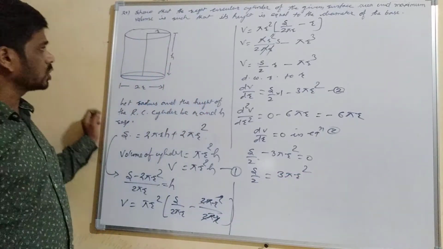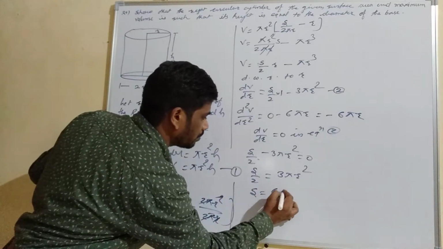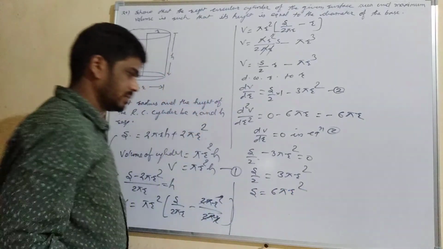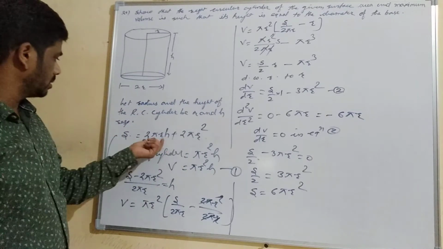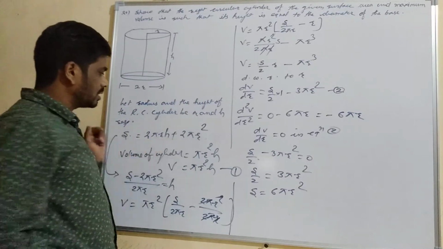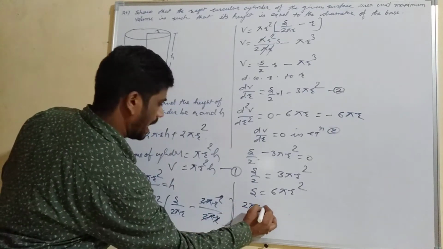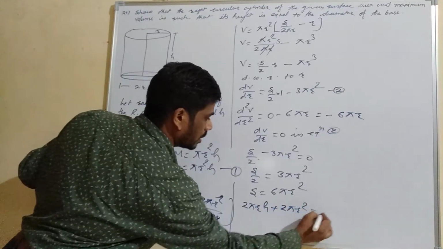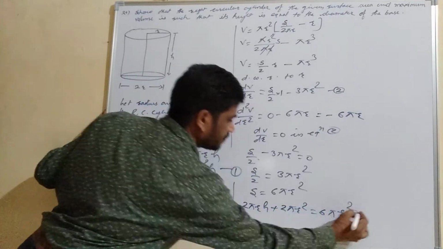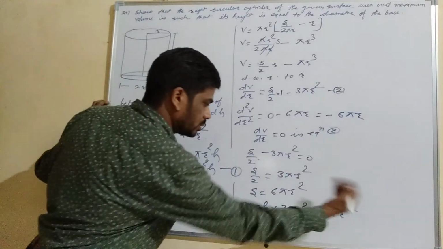S also we can substitute. We will get s equal to 6 pi r square. What is the value of s? This is 2 pi r h plus 2 times pi r square equal to 6 pi r square. So we can shift this value this side.